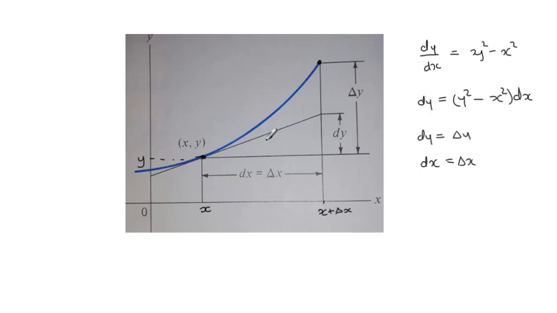Let's suppose we didn't have this blue graph here. We would have a point x, y. For a differential equation like this that we solve numerically, you'll be given initial conditions in this form.